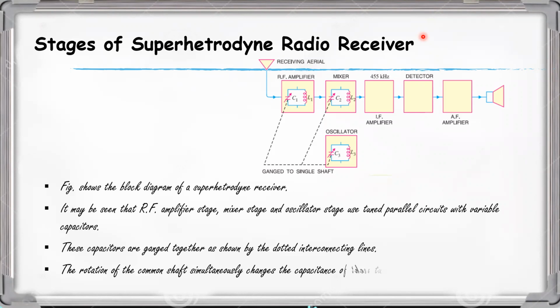The rotation of the common shaft simultaneously changes the capacitance of these three tuned circuits.